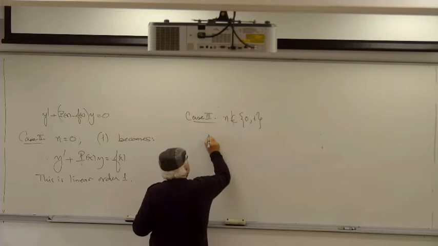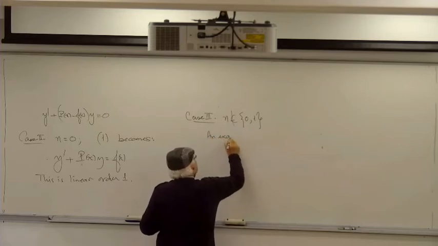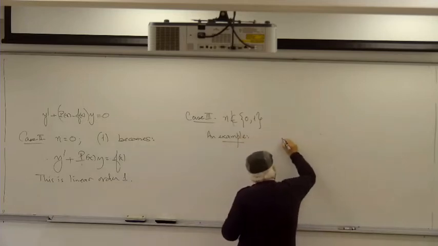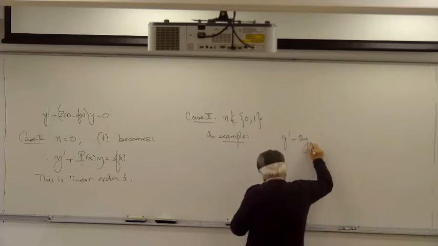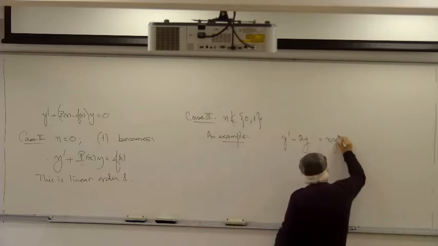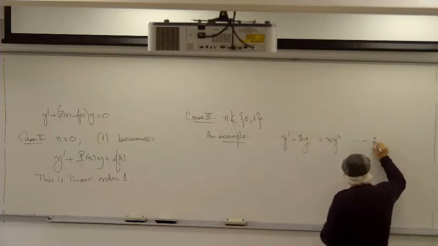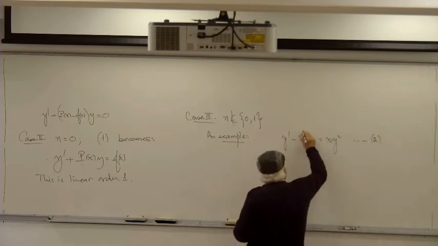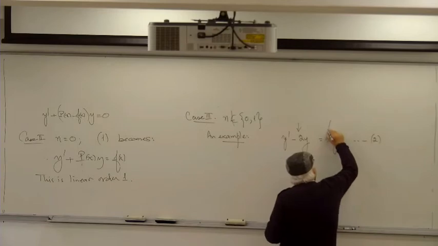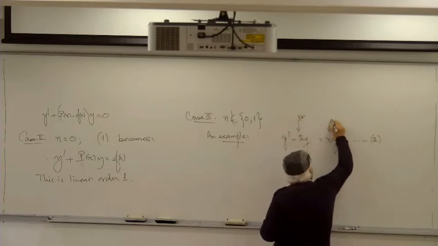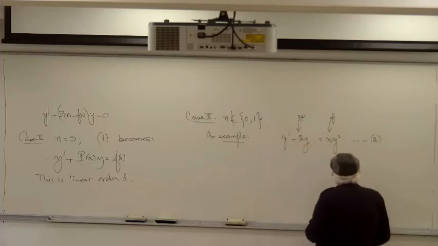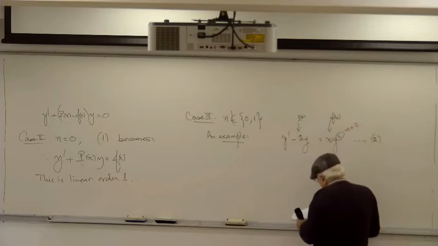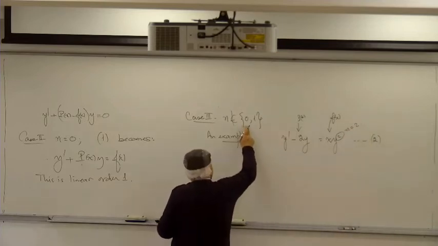The differential equation y prime minus 2y equal to x y to the power 2. Call this equation 2. It is clearly of the Bernoulli type with p of x and f of x as minus 2 and x respectively, and n equal 2. Definitely different from 0 or 1.